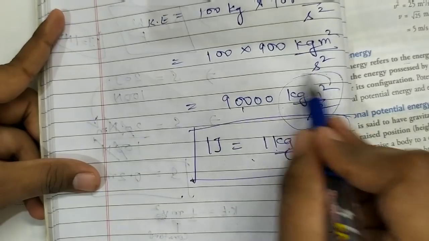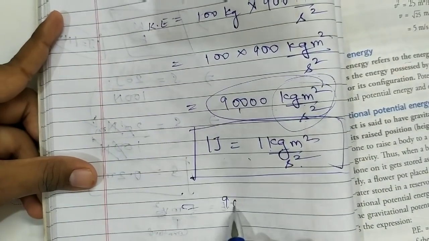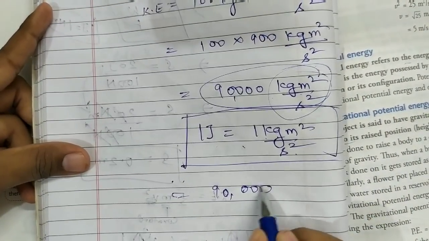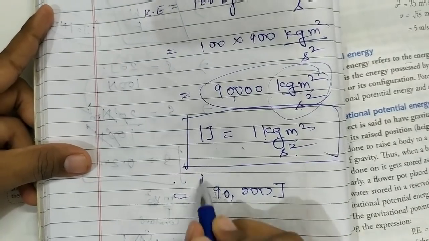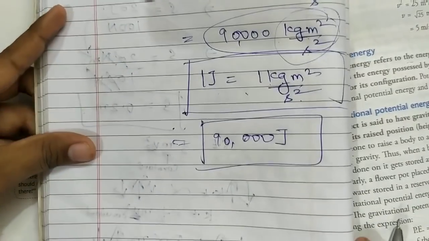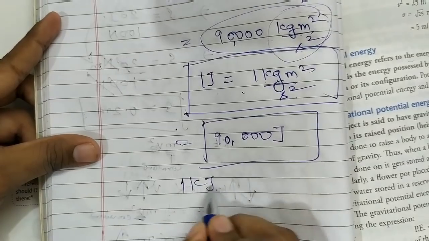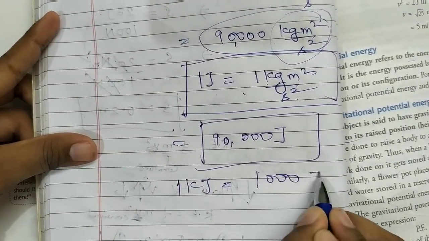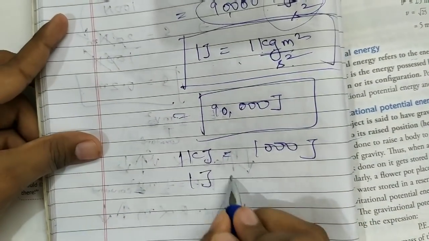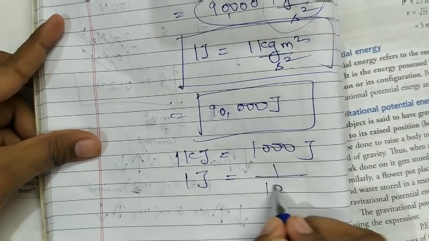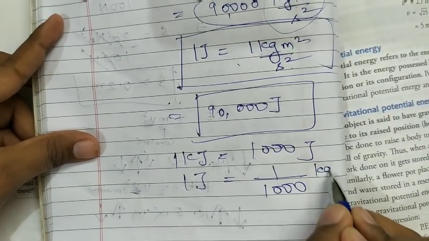So here we can write 90,000 joule. Now since the answer is in kilojoule, you know that 1 kilojoule is equals to 1000 joule. So 1 joule is equals to how much kilojoule? 1 upon 1000 kilojoule.